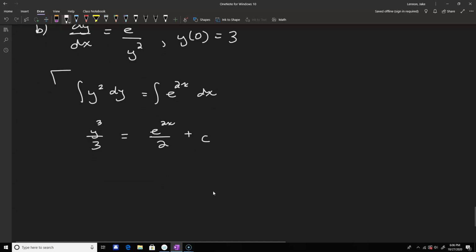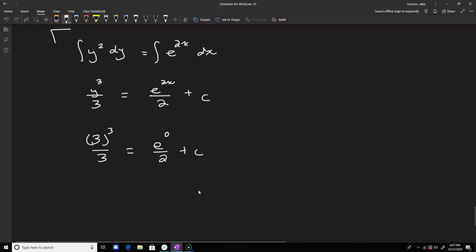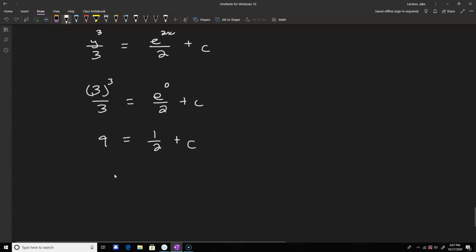Now we want to plug in that point, so we would know that 3 to the 3rd over 3 would equal e to the 0 over 2 plus our constant. So 3 cubed over 3 is just 9, and e to the 0 is 1, so if we subtract 1/2 from both sides, we end up with 17/2 as the value of c.